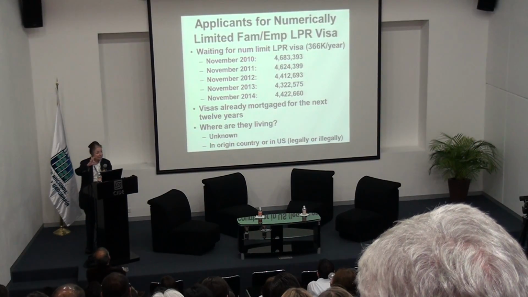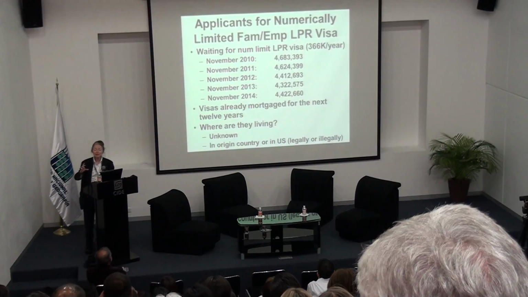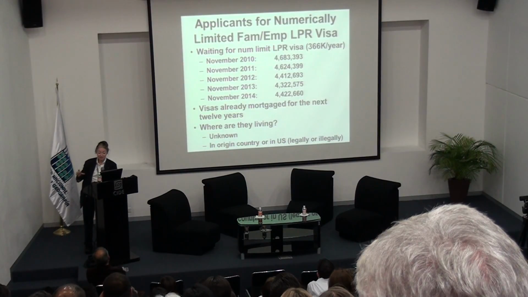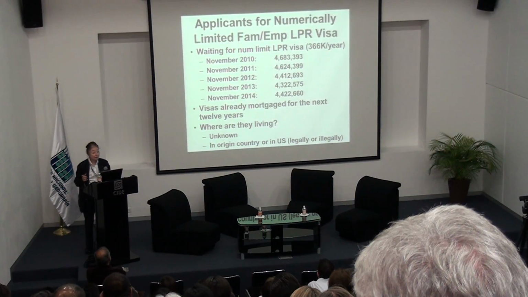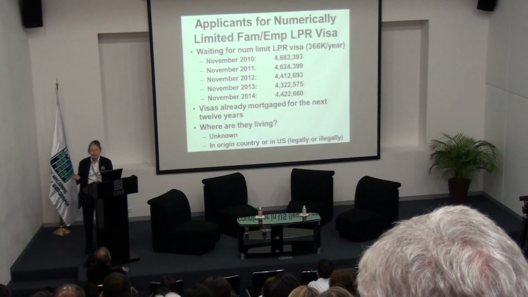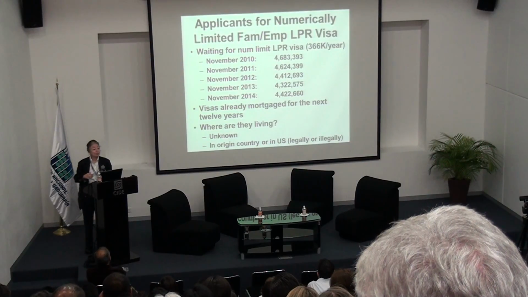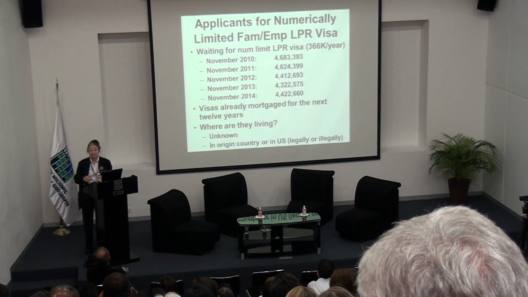This is from that set that is capped at about 366,000 a year. So with a little arithmetic, you can see that we already know, in part, who's going to get a green card in 10 years. Because they're already approved right now and they're waiting.